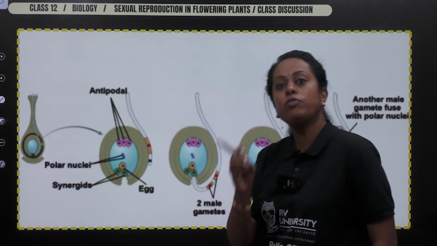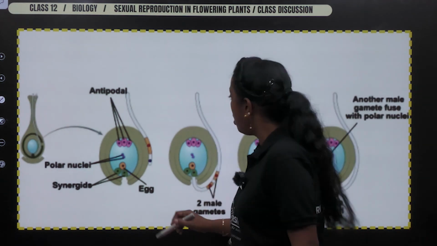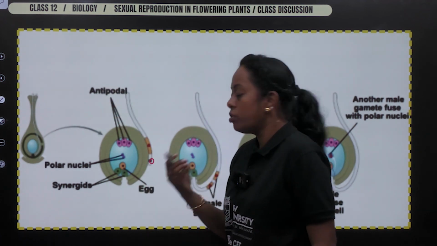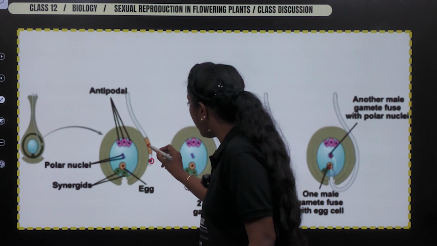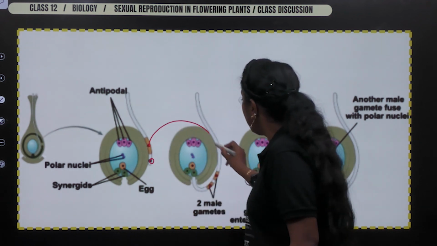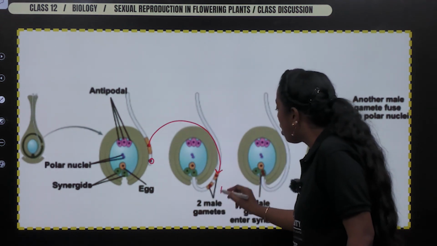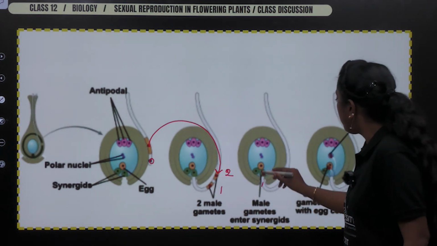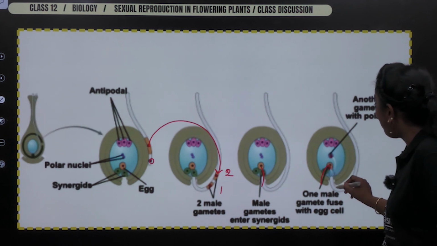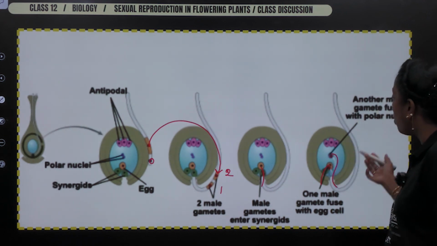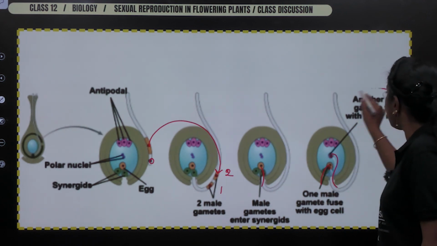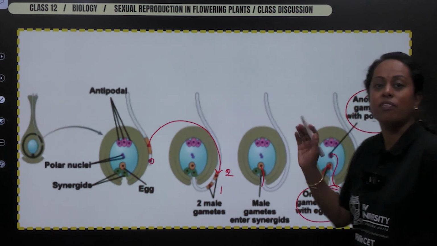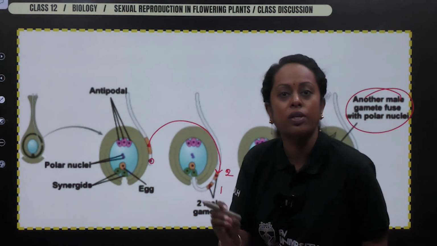So you can see this blue dot indicating the pollen tube's nucleus, followed by one red dot, the generative nucleus. In the second diagram, you have sperm 1 and sperm 2 present. One of the sperm fuses with the egg cell, and the other one fuses with the polar nuclei. So here it is said to be triple fusion, and here it is said to be syngamy, which represents what is called double fertilization.